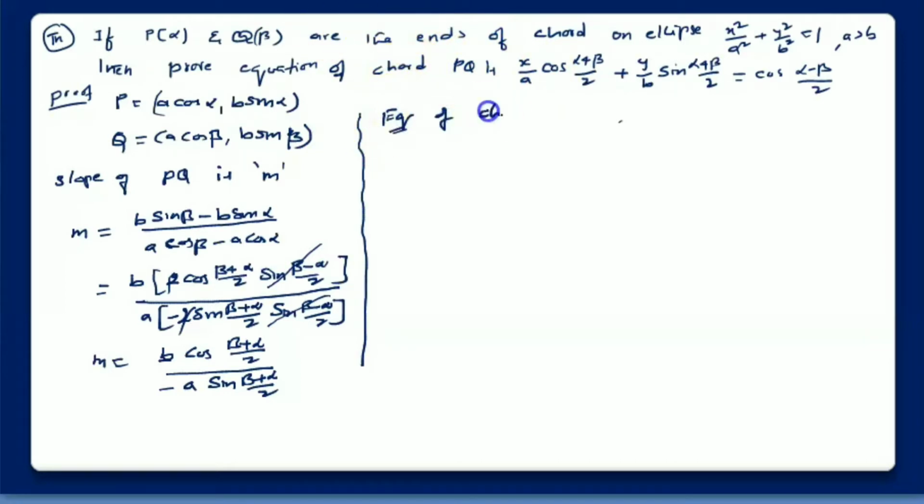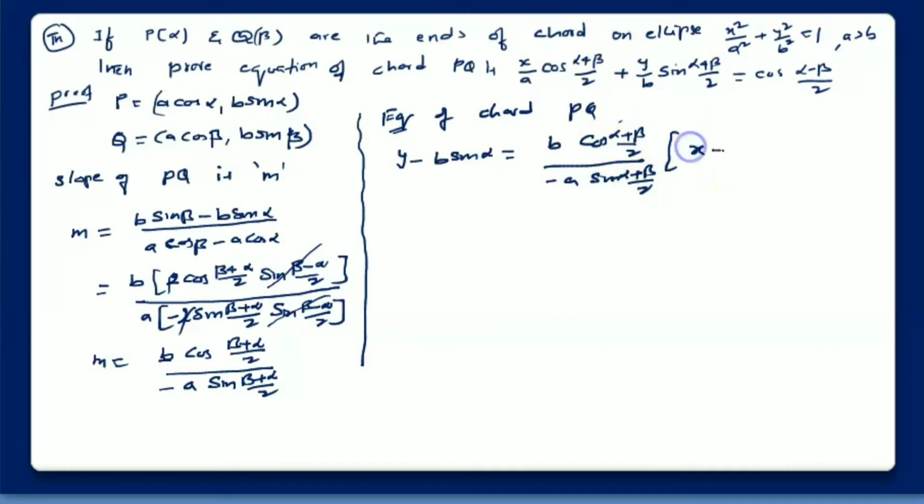Equation of chord PQ formula: y minus y1, that is y minus b sin alpha, is equal to m. M is this, b into cos of (alpha plus beta) by 2 by minus a into sin of (alpha plus beta) by 2, beta plus alpha by 2 or alpha plus beta by 2 same, into x minus x1. X minus x1 is a cos alpha.